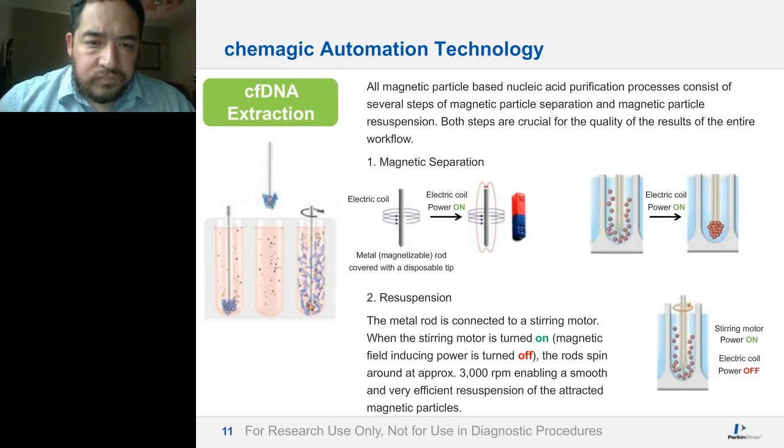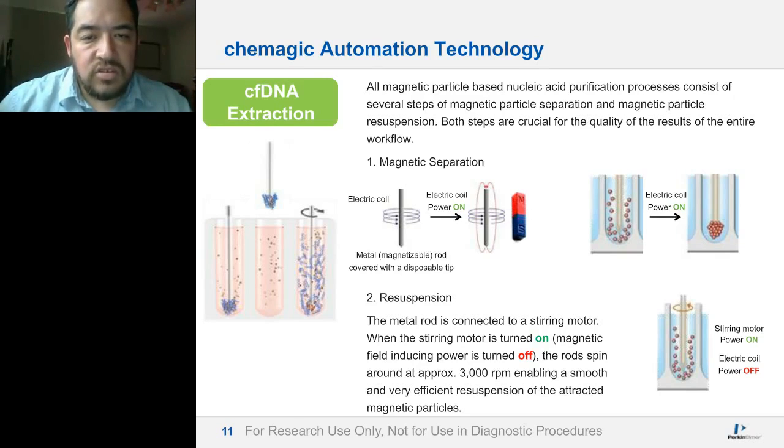So what I want to discuss is how we fit in with the chemagic solution, using our patented magnetic particles for this isolation, and how we can provide a solution that gives you a nice pure product as well as a nice yield for a number of downstream applications. Our technology is magnetic bead based.